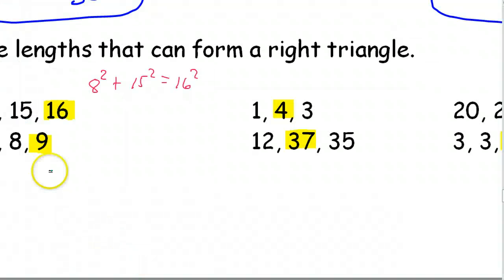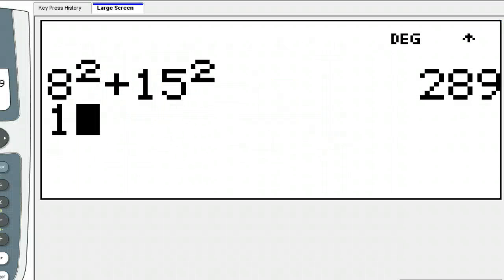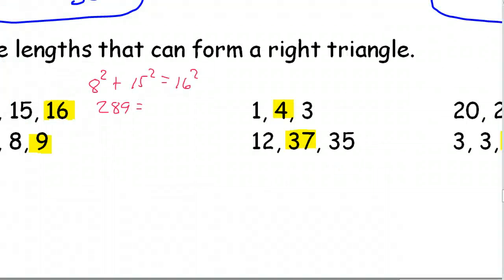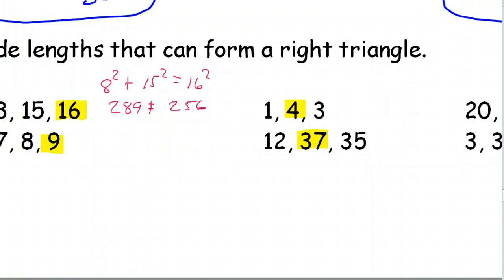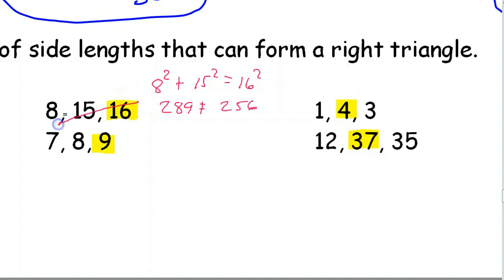So I've got 289 on the left, and then 16 squared is 256. Obviously those are not equal, so that is not a right triangle.